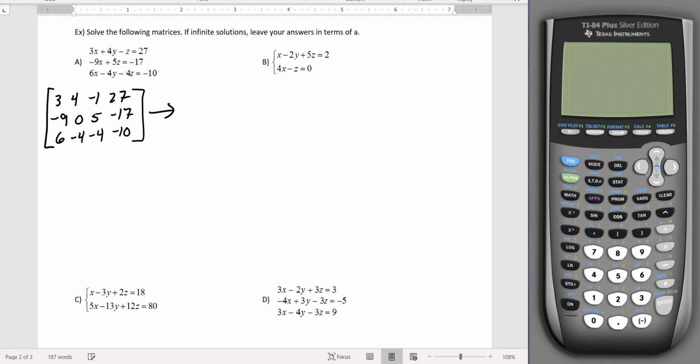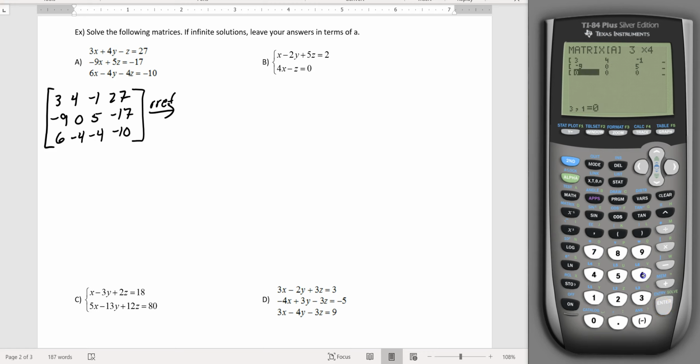Now we're going to convert that to RREF form, which means we need our calculator. Let's go ahead and turn this on. We'll do second matrix, go over to edit. We are doing a 3 by 4 matrix here: 3 rows, 4 columns. We have 3, 4, -1, and 27. We have -9, 0, 5, and -17.